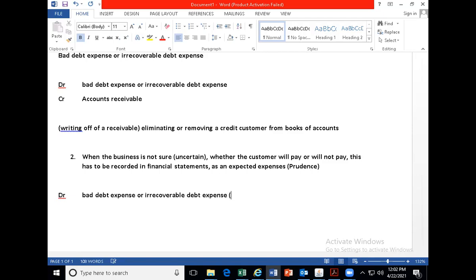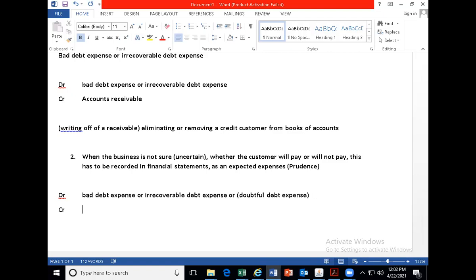Actually, in some books I've seen some accountants call it doubtful debt expense, because we are doubtful. We don't know whether the customer will pay or not. So some accountants call it doubtful debt expense to reflect that understanding. So they debit doubtful debt expense, and instead of crediting the accounts receivable, because we don't want to remove the receivable from the accounting books, the customer may pay us.